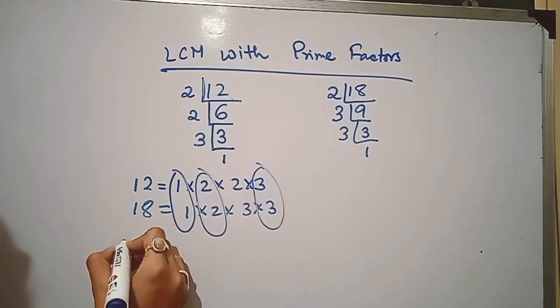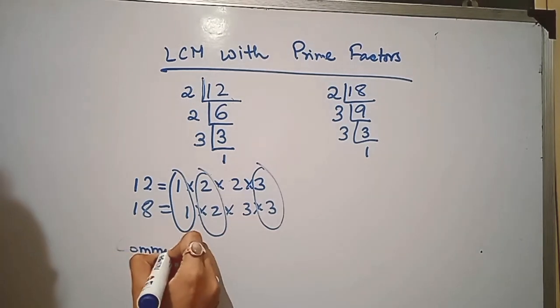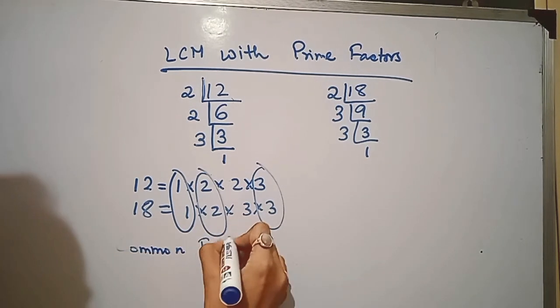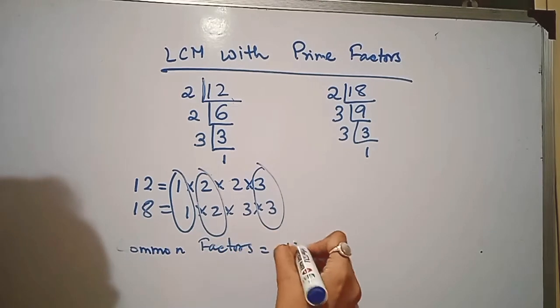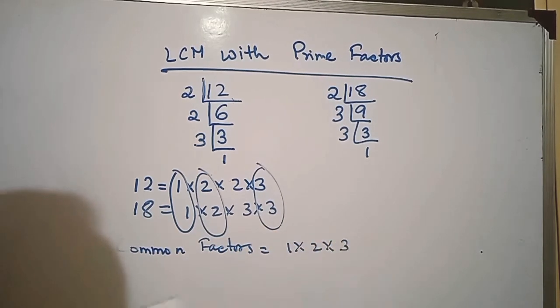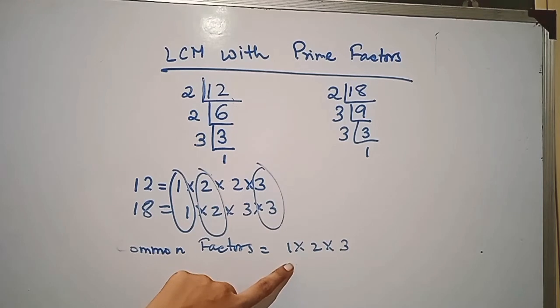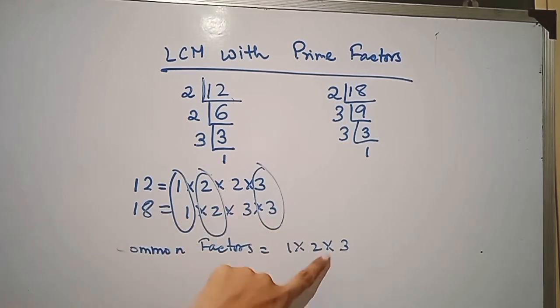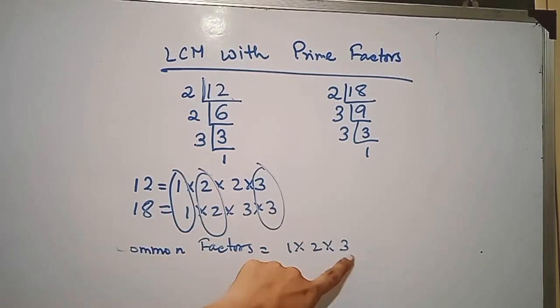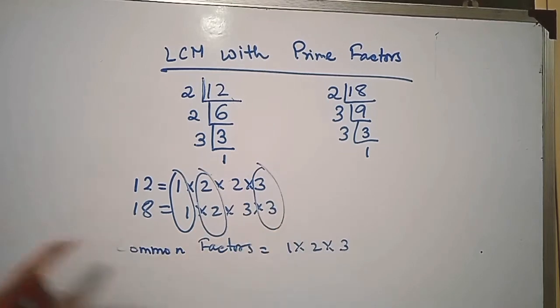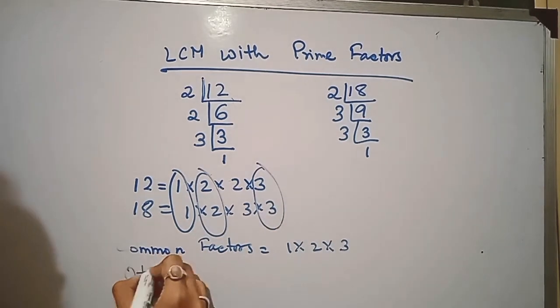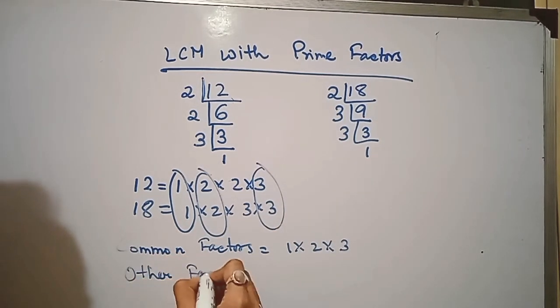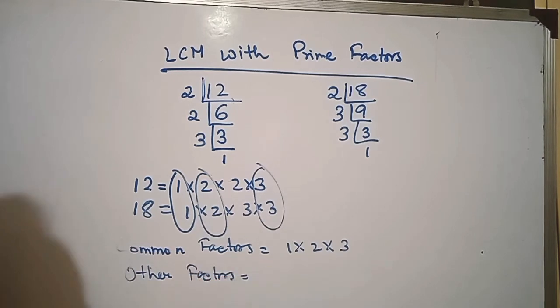So the common factors will be 1 into 2 into 3. I am writing only one 1, one 2 and one 3. Now, what are the other factors which are not common?